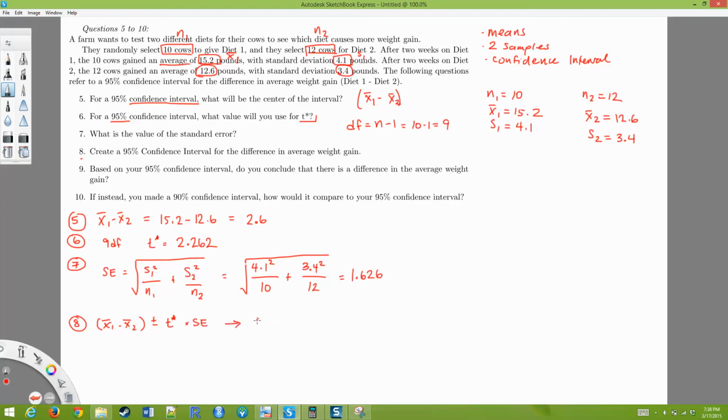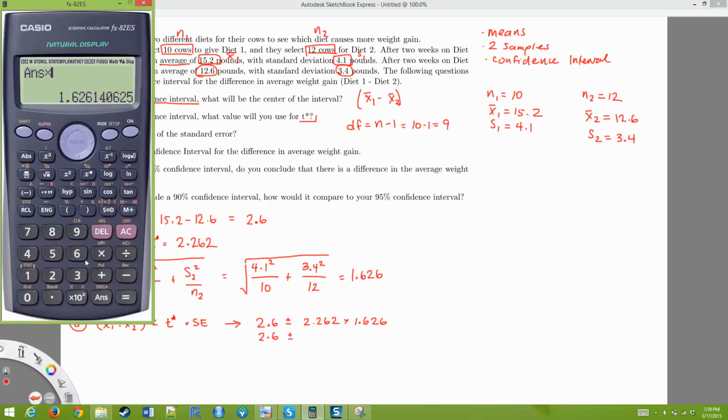So that gives me 2.6 plus or minus the t star, which is 2.262, times 1.626.